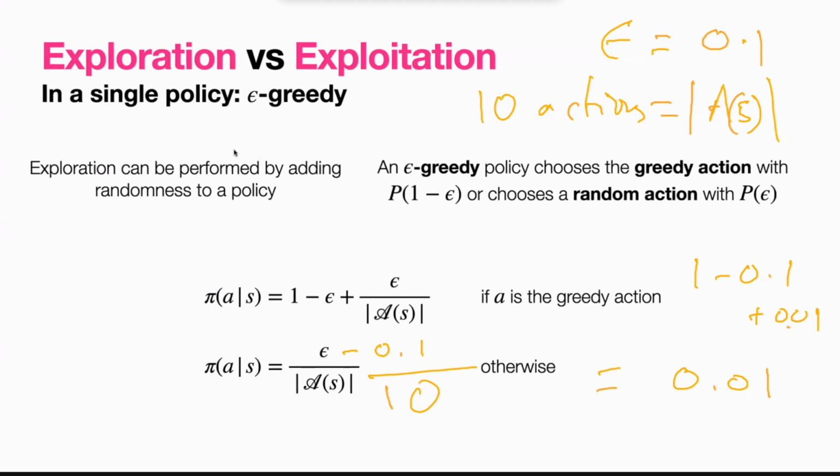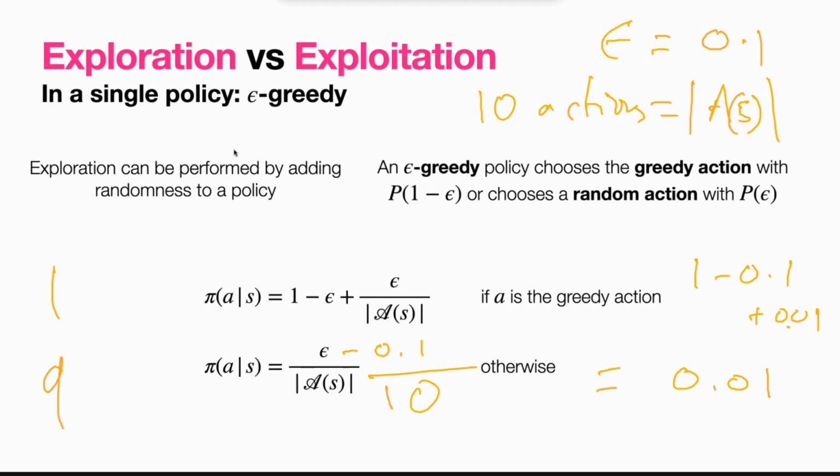We're going to have 1 action, and we're going to have 9 actions, because one of the 10 actions will be the greedy action. Okay, so that's how our epsilon greedy policy works.